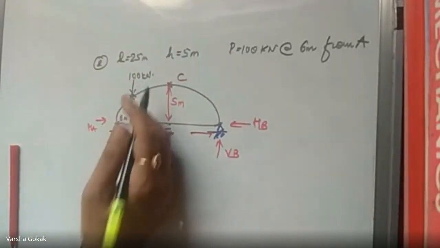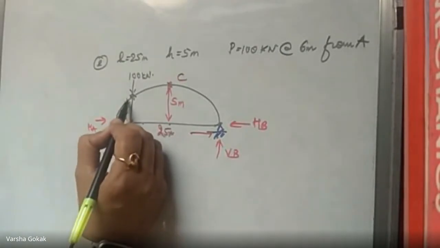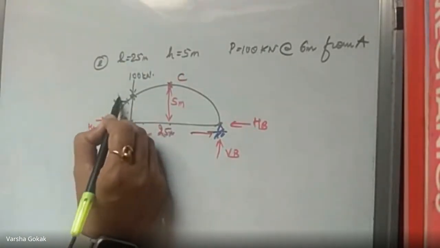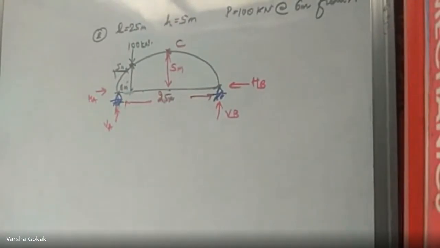Point load is acting at a point 6 meters. Then the question says we also have to find a moment at one point, which is at 5 meters. We'll touch it last after the analysis. This is the basics that is given.